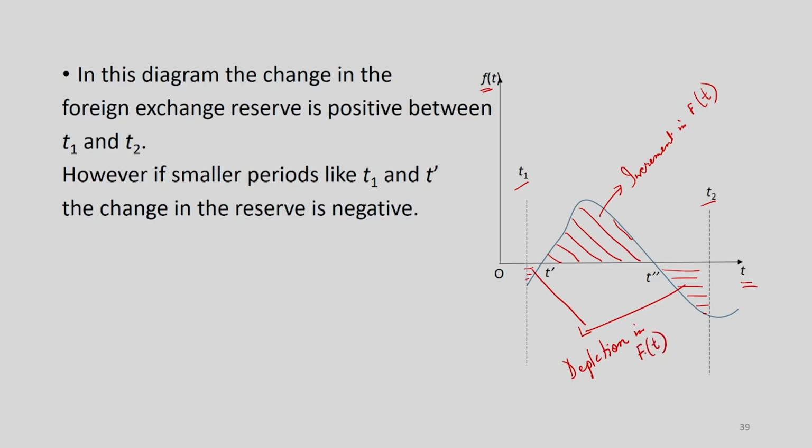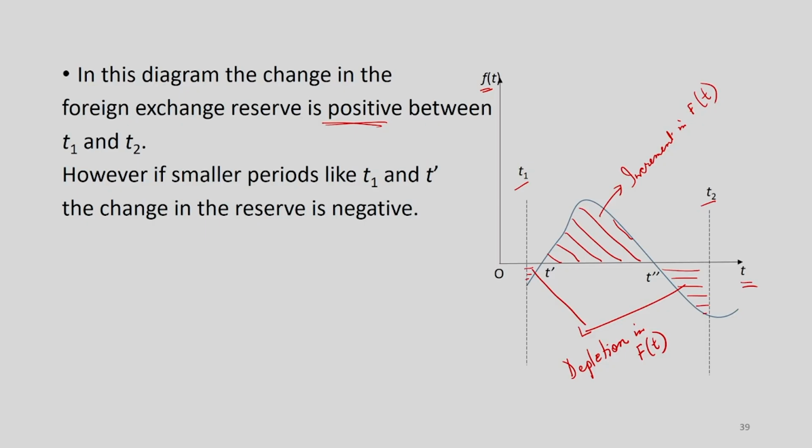The picture has been drawn in such a manner that the total amount of increment is more than the total amount of depletion. This area, the slanted shades, is more than the horizontal shades region. So, that is why I am saying that the foreign exchange reserve change over T1 and T2 is positive.